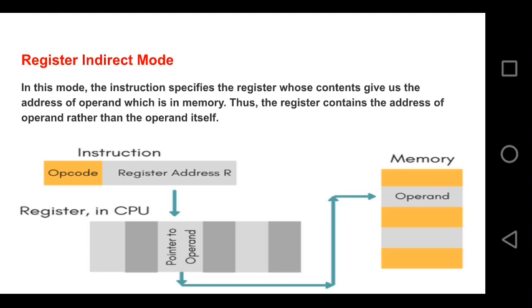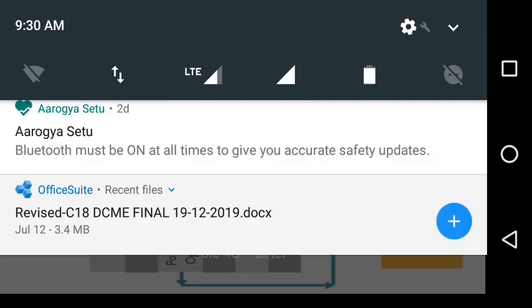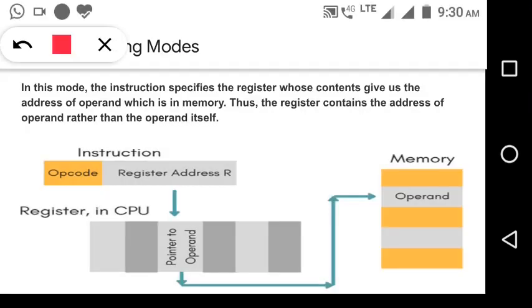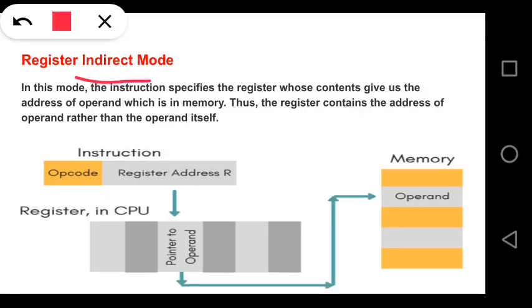Another important type of addressing mode is register indirect mode. It is similar to the register mode, but it has an extra word, indirect. With this indirect, the register doesn't contain the operand value; rather, it contains the address of the operand.